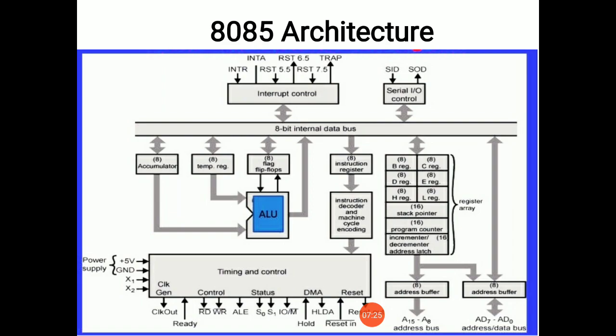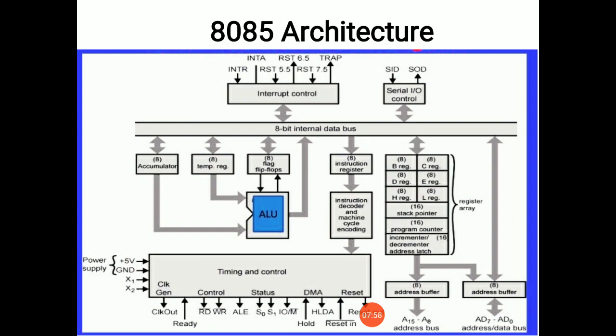So the microprocessor sends that 16-bit address through the address bus, that is AD0 to AD7 and A8 to A15, to the memory. So once the memory gets the address, it sends the data that is stored in that memory location address to the microprocessor through the data bus, that is AD0 to AD7.